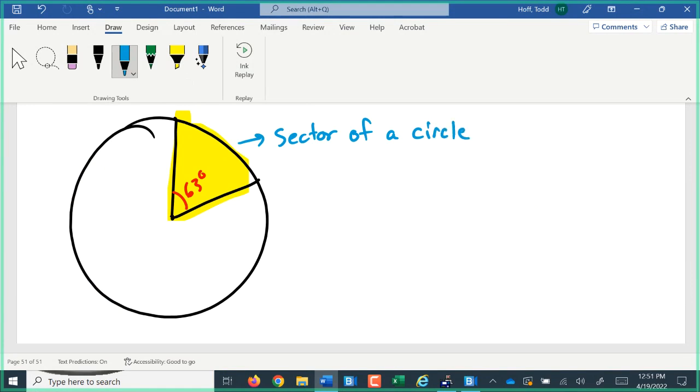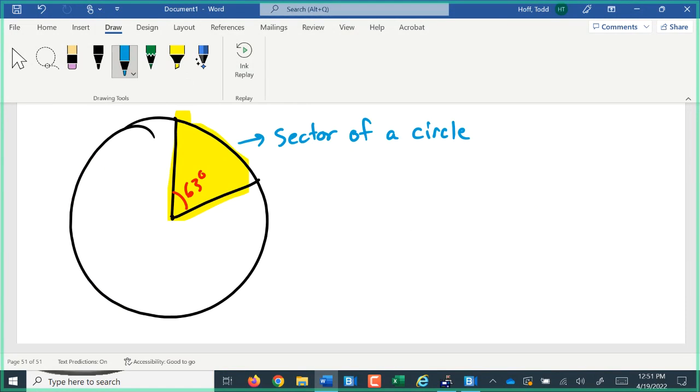We typically just call it a sector. We imply that if we're talking about sectors in geometry, we're talking about circles. There are sectors in other applications like mapping space and stuff like that. But for geometry, it's always on a circle.